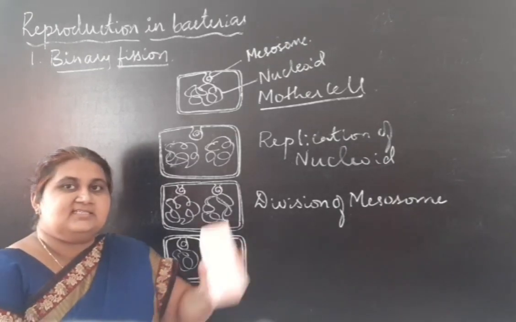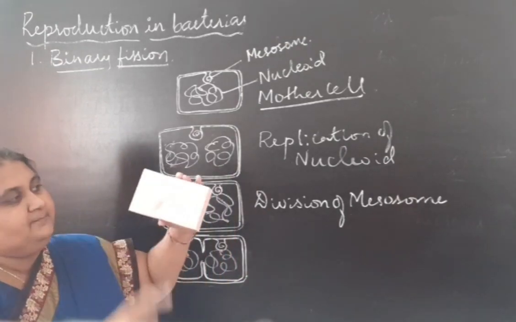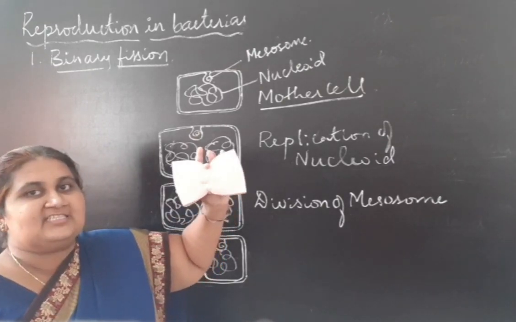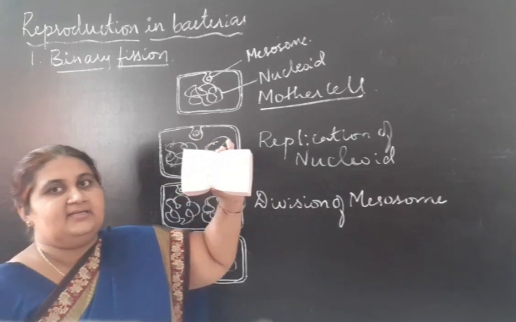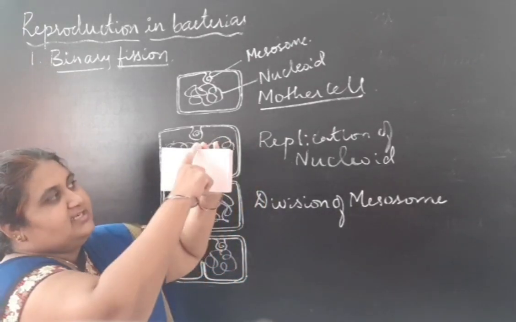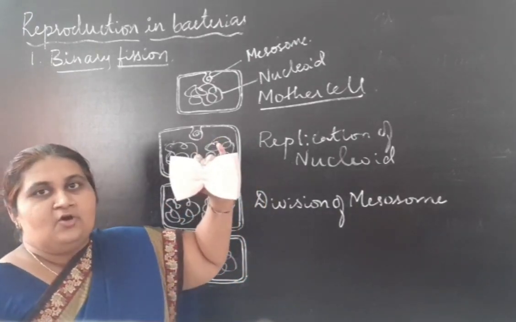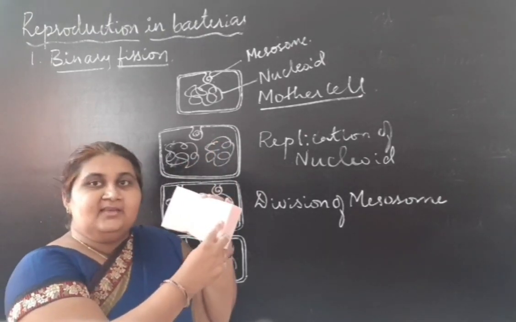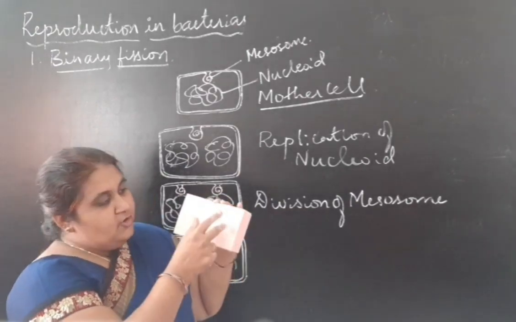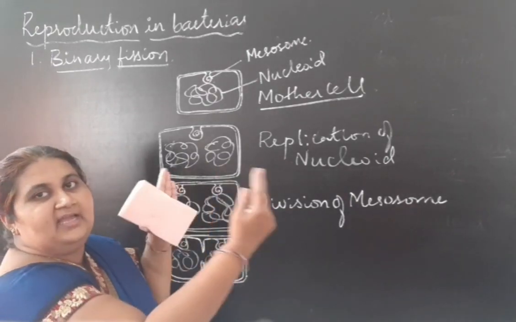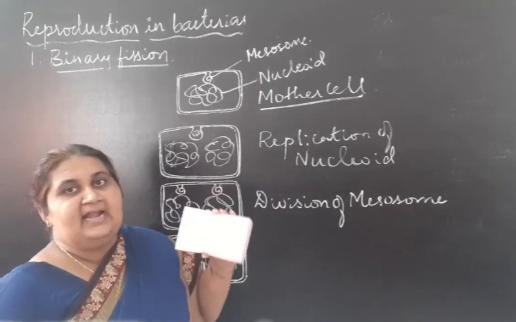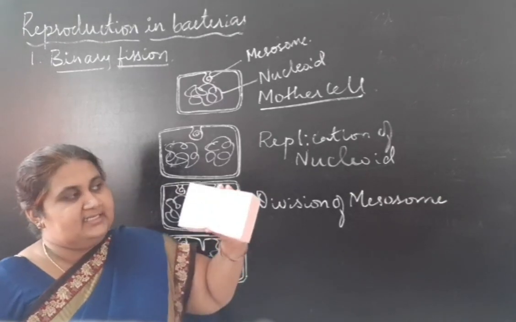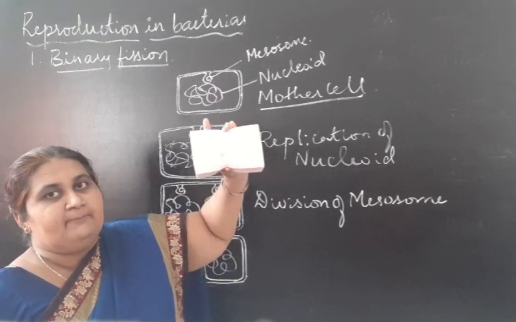Think of this as a bacterial cell. The cell membrane starts moving inwards like this. If you put a rubber band around this, it forms a constriction in the middle. The replicated genetic material moves towards either side of the cell with the help of the mesosome attached to it. So the third step is membrane synthesis.